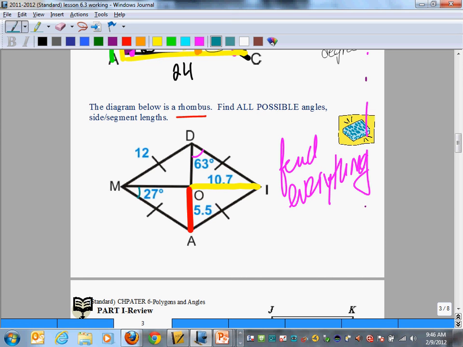Explain to me where is that? Okay, and the diagonal does what to that angle? Bisect. Alright guys, start on page 4, do 4, check 4.